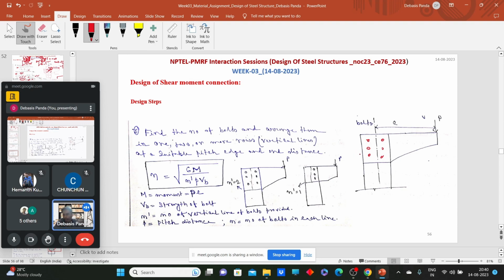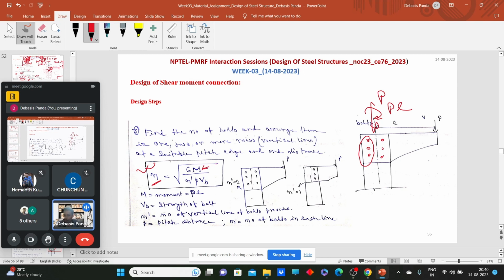So how many bolts should there be in each vertical row due to this direct load P and the moment PE? We can calculate that from this formula. I will show you the derivation of how this formula comes about. So n, the number of bolts in each vertical row, will be equal to the square root of 6M over n dash.